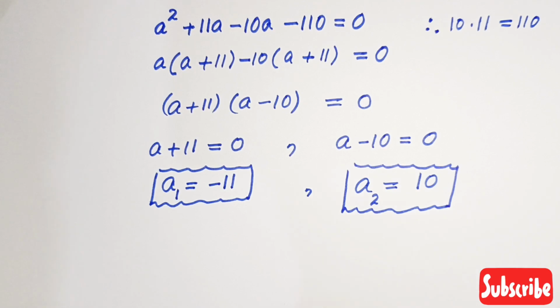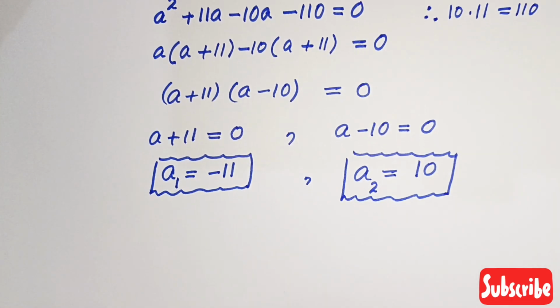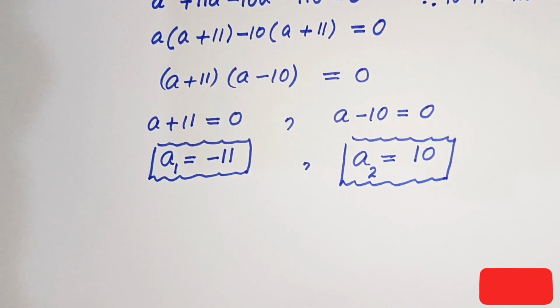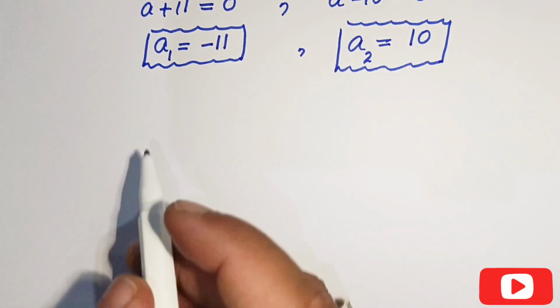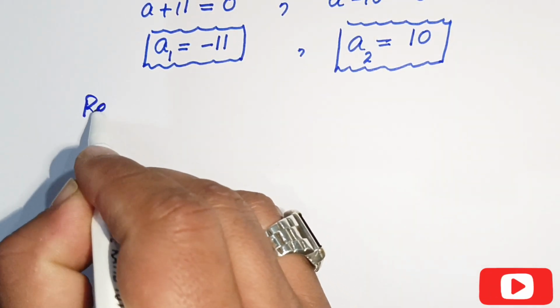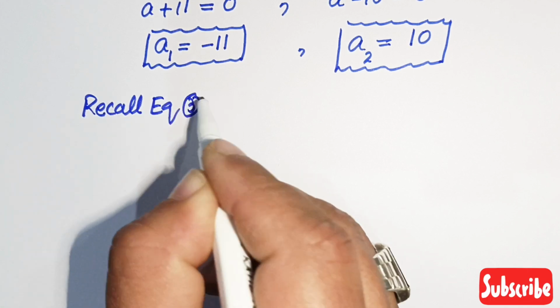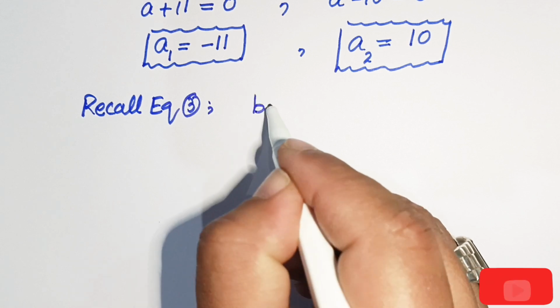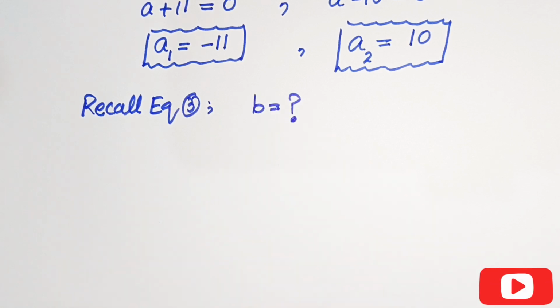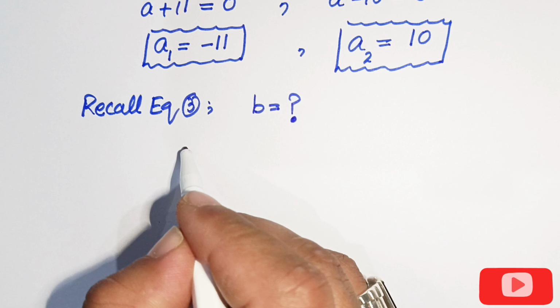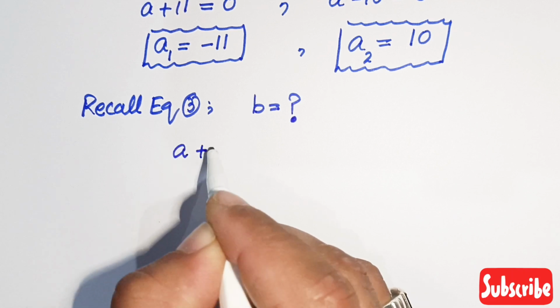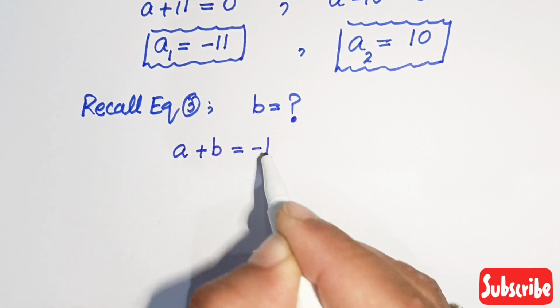Now we have to find the value of b. For finding the value of b, we again recall equation 3, which is a plus b is equal to minus 1.